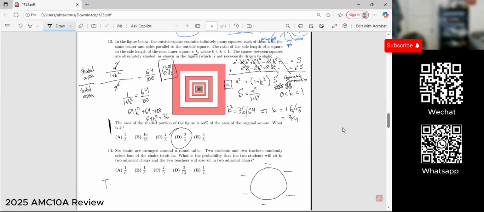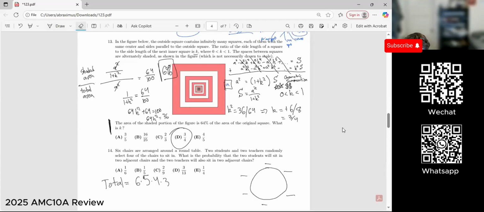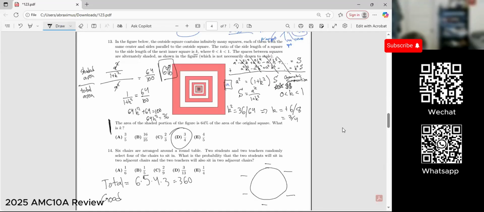So the total number of ways to sit 4 people in 6 chairs is 6 times 5 times 4 times 3, and that is equal to 360. Now the number of good ways to seat these people, let's first seat the teachers in adjacent chairs.